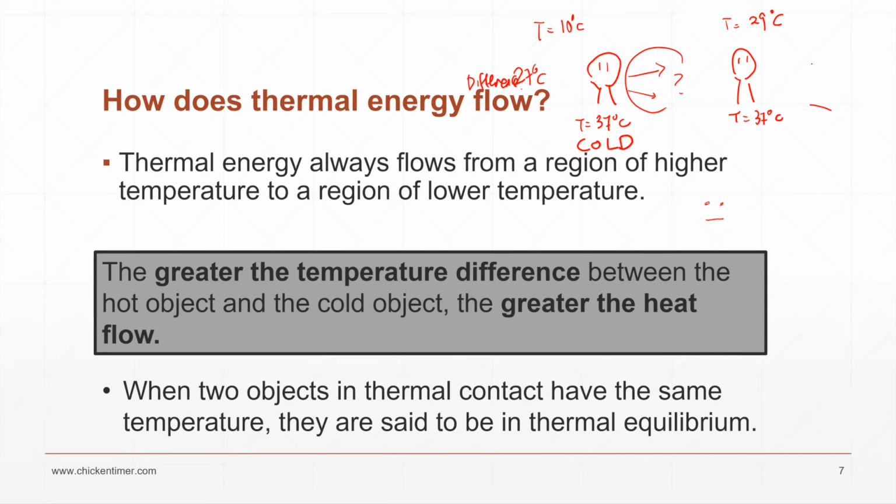For the other case, the difference here is 8 degrees. Do you feel cold down here? In a normal situation, do you feel cold if it's 37 and 29 room temperature?